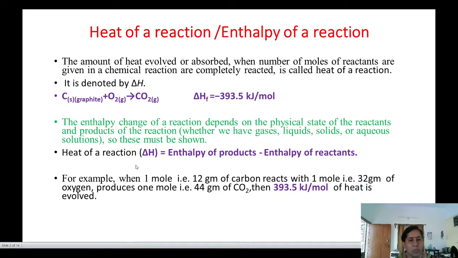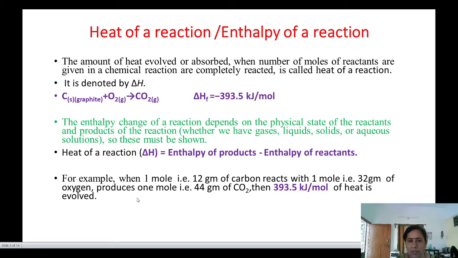Now, taking the above example, carbon plus oxygen gives rise to formation of carbon dioxide. Here, 1 mole of carbon means its atomic weight, which is 12 gram, reacts with 1 mole, that is 32 gram, of oxygen.